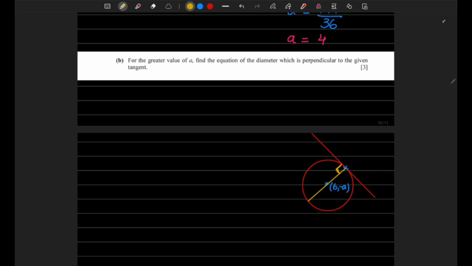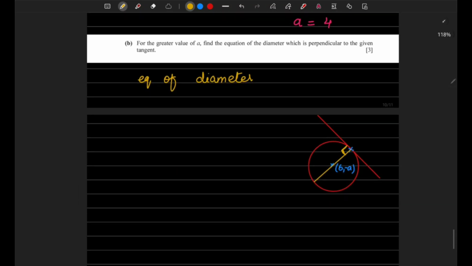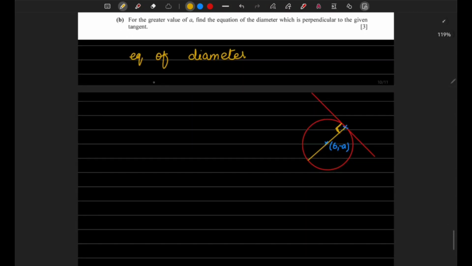So what are we going to do? For the equation of any line, we need two things: slope, the gradient m of the diameter, and a point on your diameter.